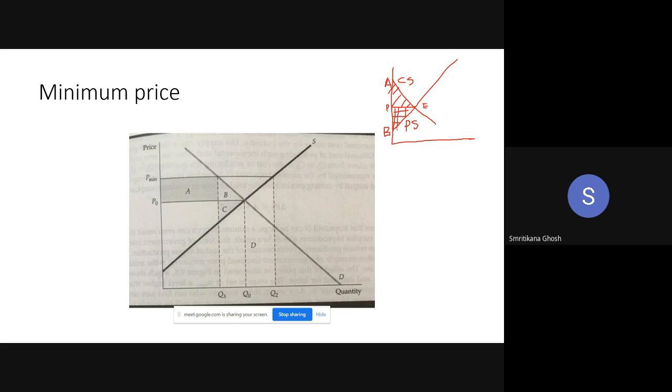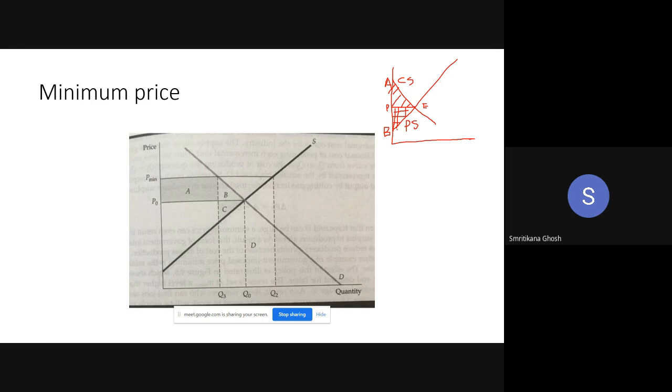This is the social welfare in the market system. After selling or purchasing the commodity, this is the total social welfare in the market system. Now we are going to check if there is any intervention, how this social welfare will be affected, and how much.